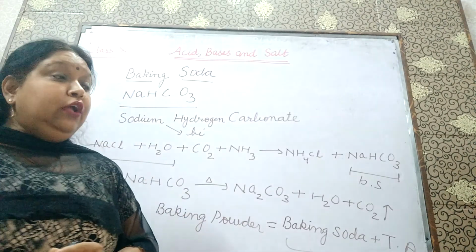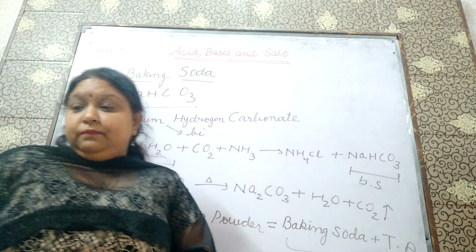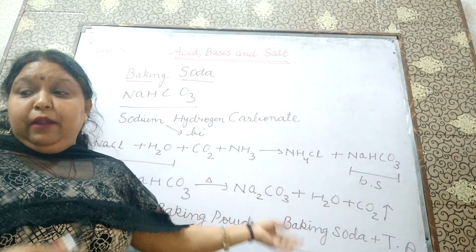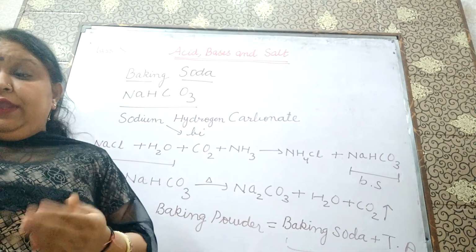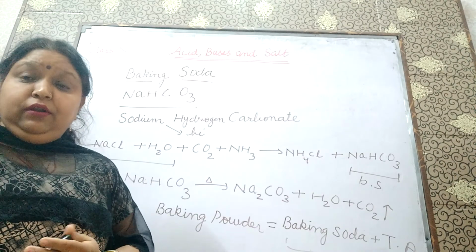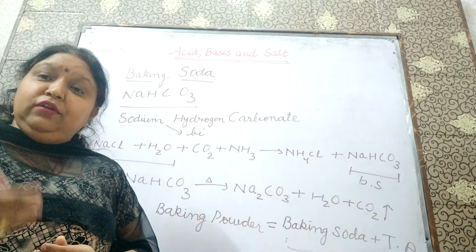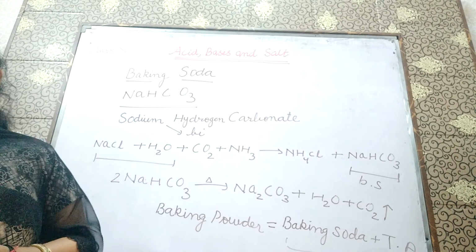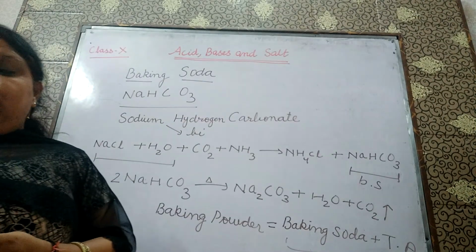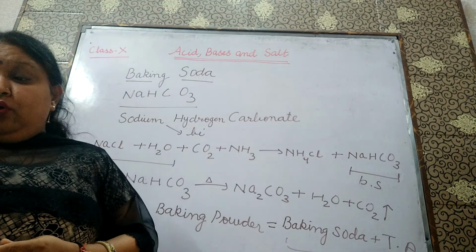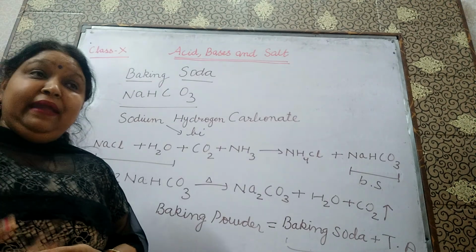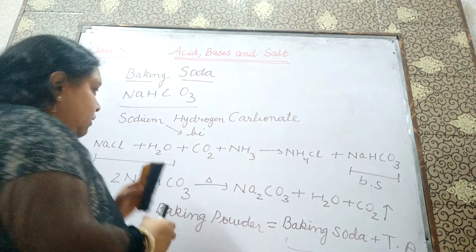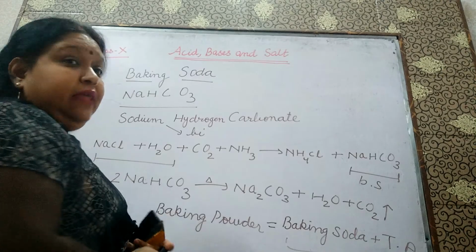Then come to the uses of baking soda. First use is that it is used to make baking powder, and baking powder is also used to make many different dishes for you people, isn't it? Then sodium hydrogen carbonate is also a main ingredient in antacid. What is antacid? Can you tell what is antacid?